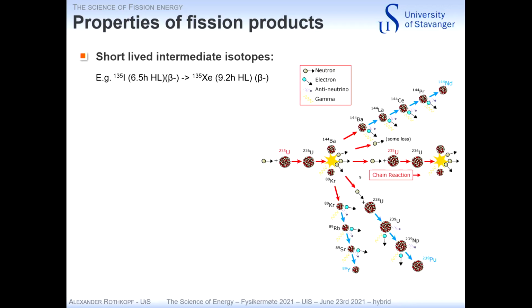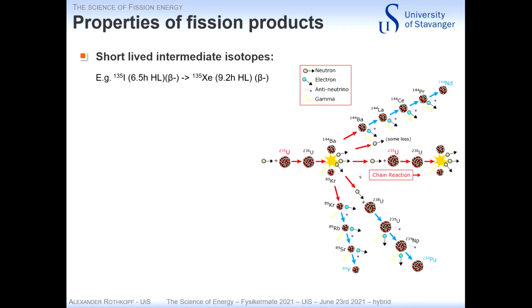For example, there's radioactive iodine that is produced with a half-life of 6.5 hours. Iodine plays a vital role in human body chemistry. This is an element that you might have heard about in connection with nuclear accidents, for example. This then decays into a noble gas, xenon, which itself has a half-life of 9.2 hours.